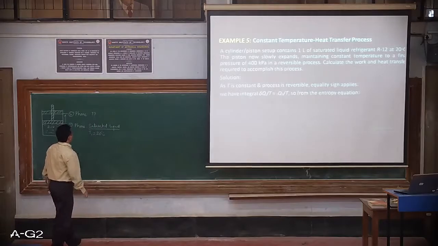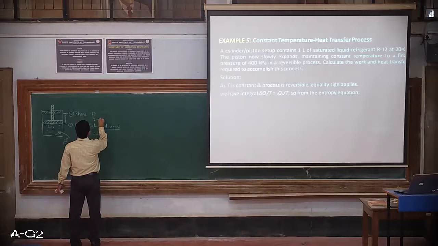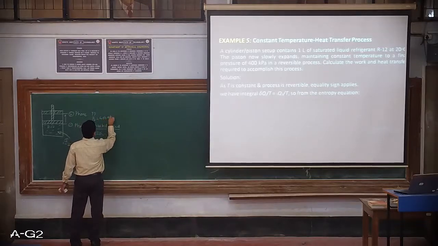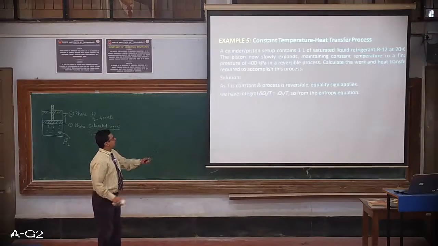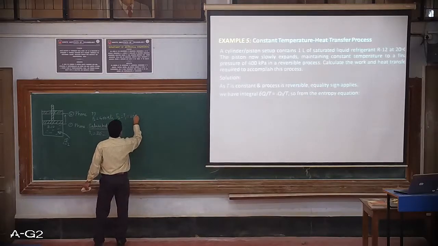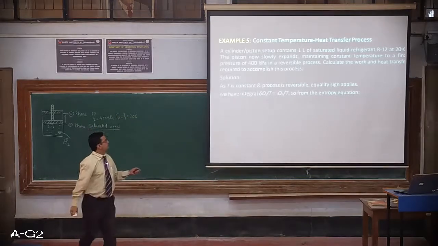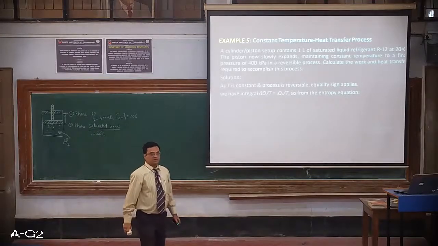But what are the other properties? P2 reaches a final pressure of 400 kilopascal, maintaining constant temperature. So here the temperature T2 is equal to T1, which is equal to 20 degrees Celsius. These are the given conditions in a reversible process. So you have to evaluate it for a reversible process.